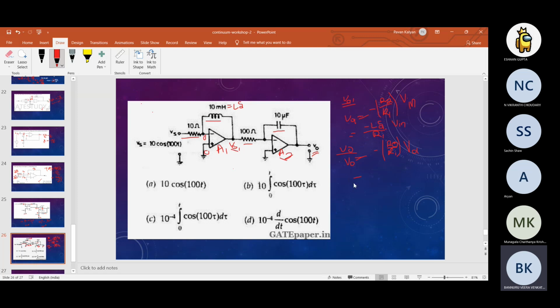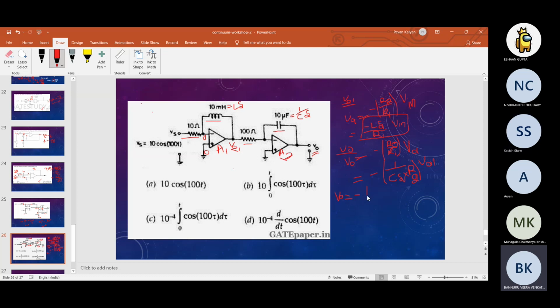So if we solve this, we will be getting minus times R out, which is nothing but the capacitor here, so it will become 1 by Cs, right? And the input resistance is nothing but the 100 ohm resistor. Let us name it R2, R2 times V out 1, and we got V out 1 as this.